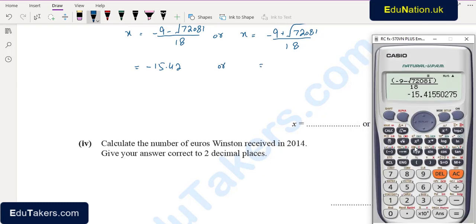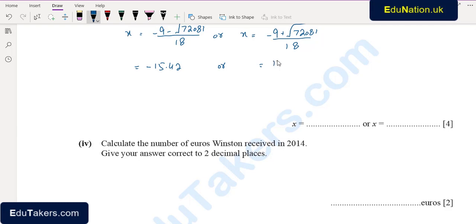And from this, minus 9 plus square root of 72,081 over 18 is 14.42. So x is minus 15.42 or 14.42.